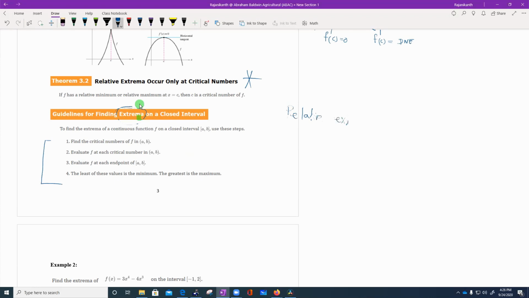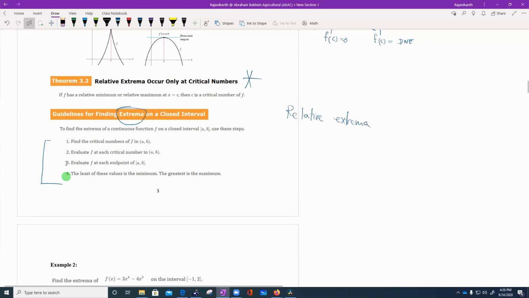Relative extrema will always be inside the open interval. Extrema may occur at the endpoints as well. So if you are asked to find extrema, that means you have to check everything, whether you have relative extrema or some other minimum or maximum. You have to check everything.